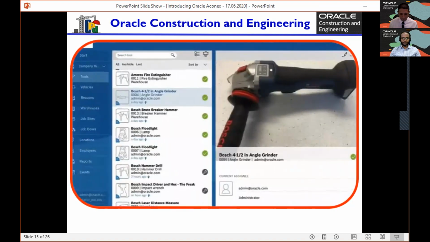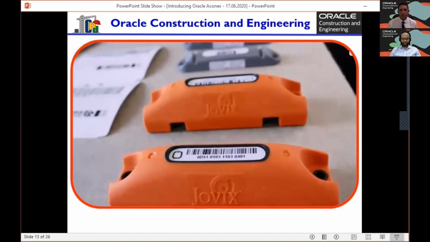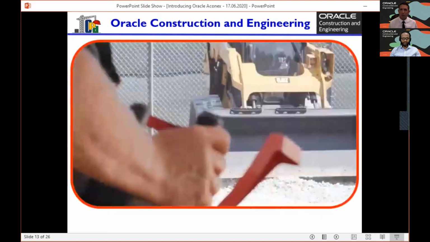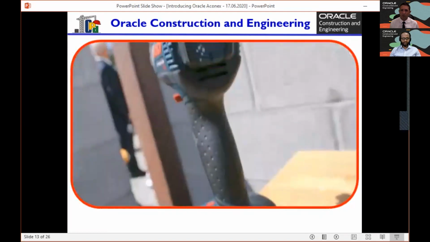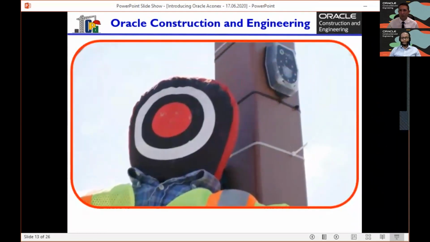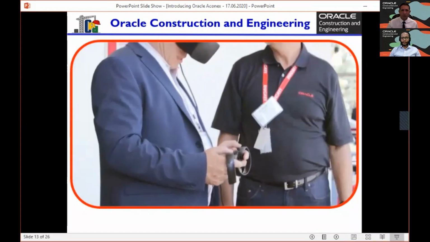Today at the lab, we have experiences that show technologies on sensors, drones, autonomous vehicles, remote control construction equipment, connected tools, material tracking solutions, worker alerts, and visualization tools for augmented reality and virtual reality.